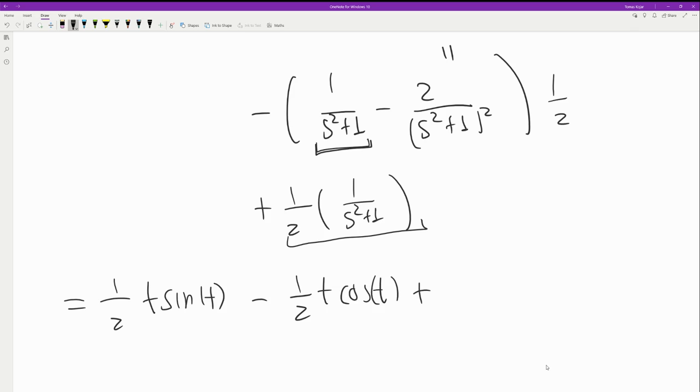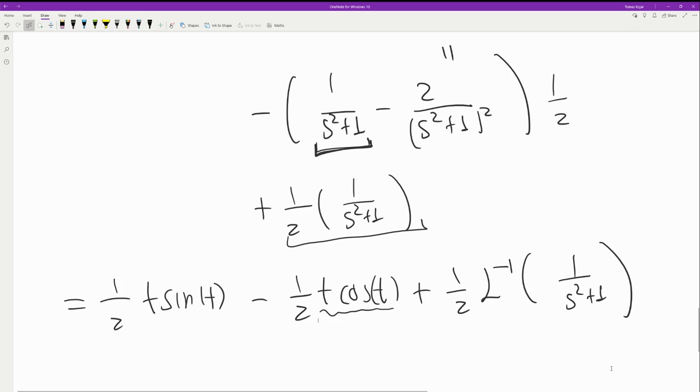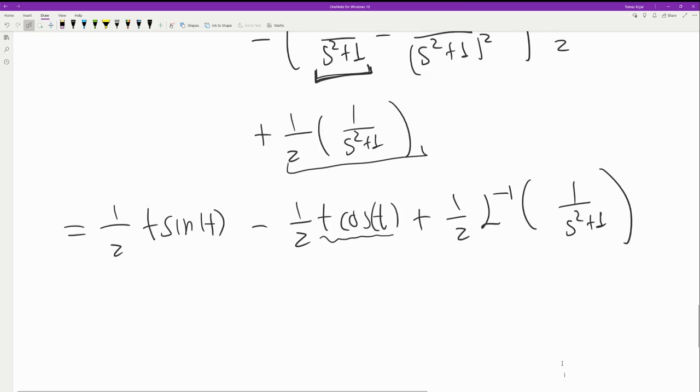And then I have a remainder term, 1 over s squared plus 1. Okay, so that's the only reason I did it. So I can use the formula for t cosine t. And finally, we know what this is. This is the Laplace transform for sine t.